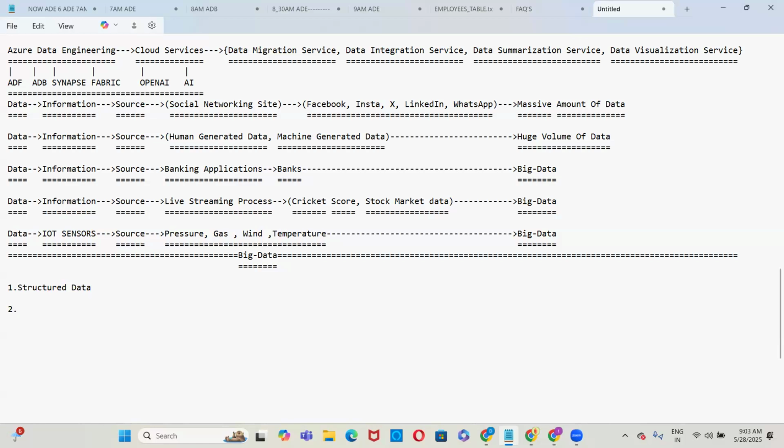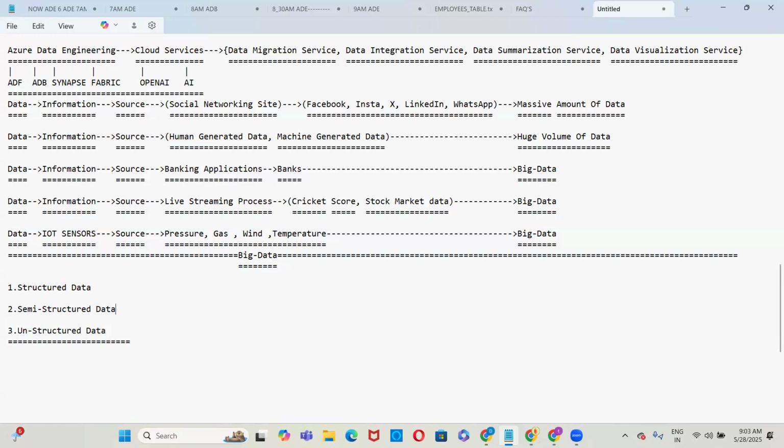The second one is called semi-structured data. And the third one is called unstructured data.